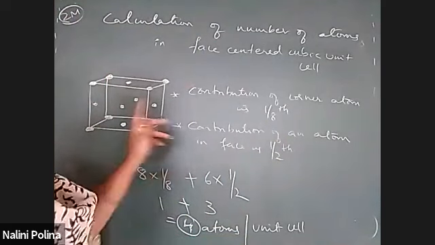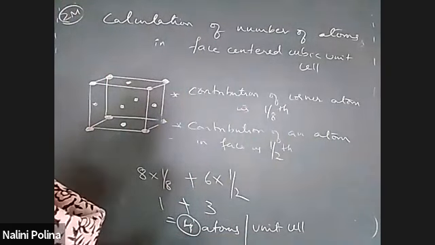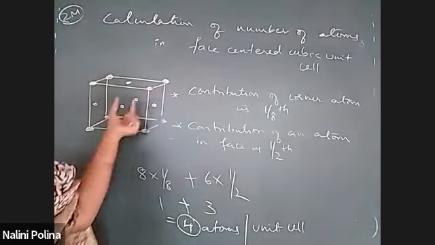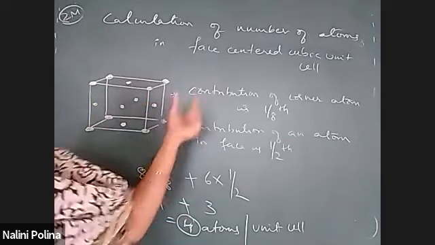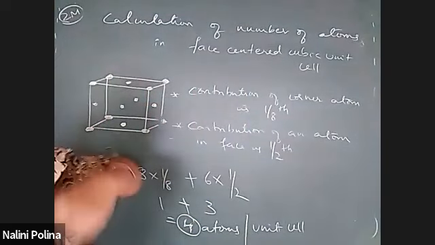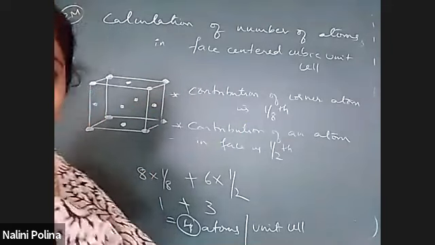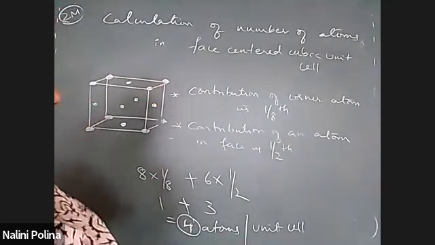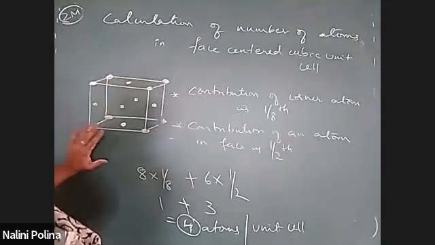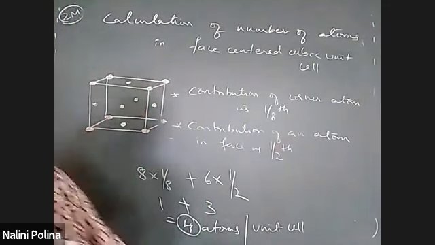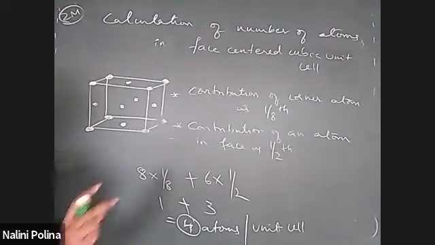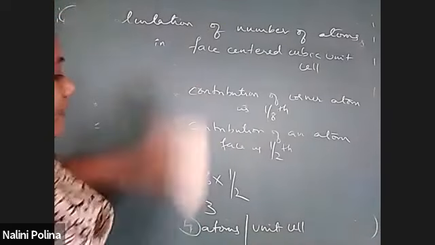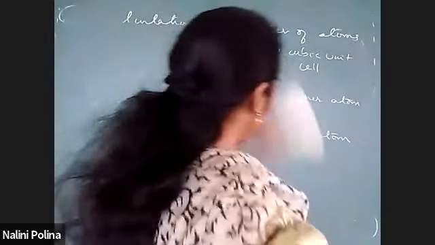Okay, so contribution is very important. The concept of what fraction of one complete atom belongs to one unit cell, on that too many competitive questions can be asked. So if you are okay with the concept, you can answer the questions. Okay, so that's all about calculation of number of atoms in a unit cell. Fine. So this is one aspect of the chapter. So now we will go to the next concept, which is also really very important.